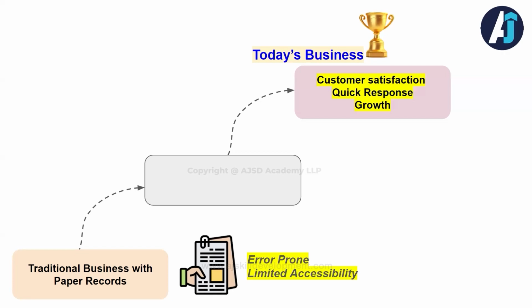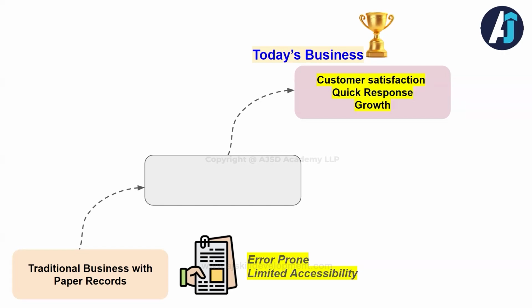This was during the early years when digital technologies came into the picture. Slowly, digital technologies came into the market, and now businesses wanted to incorporate these digital technologies in their business processes. Slowly, businesses started to transform into digitalized ones.